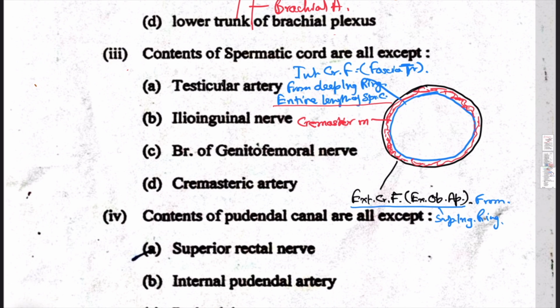and this is a continuation of internal oblique abdominis plus transversus abdominis muscle, right? Now, where will you find this? Of course, below or at the lower limit of these muscles.